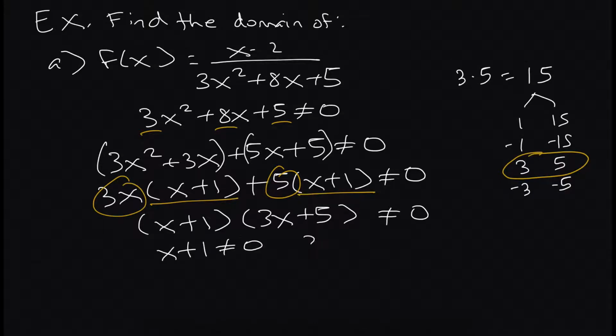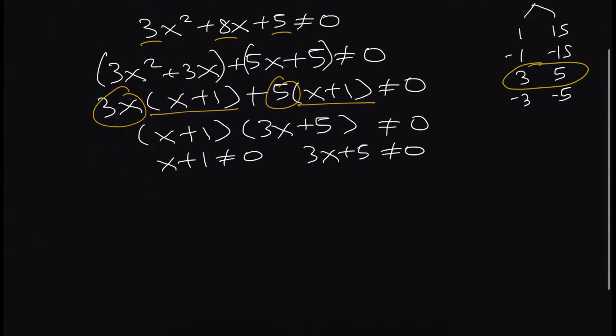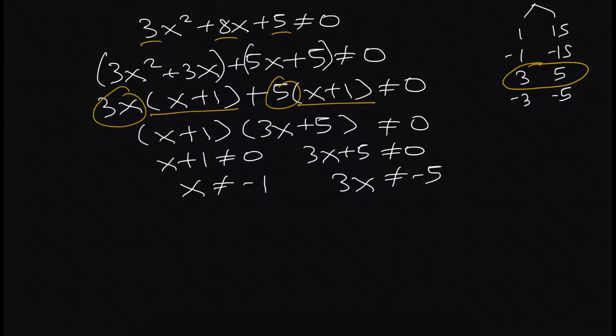So x plus 1 cannot be equal to 0, and 3x plus 5 cannot be equal to 0. So let's see here, subtract 1 from both sides, x cannot equal -1. Subtract 5 from both sides, and divide by 3, so x cannot be -5/3.